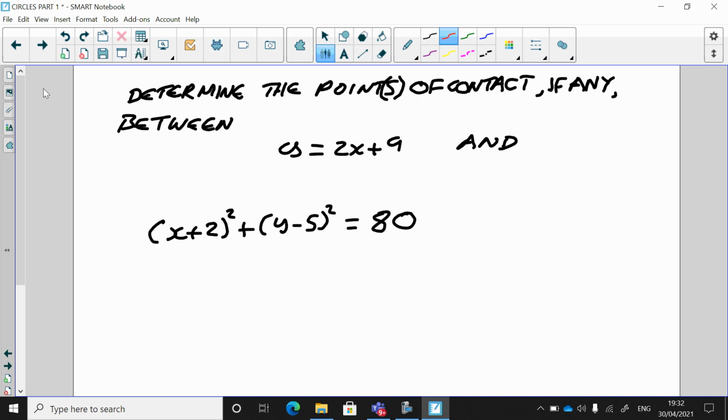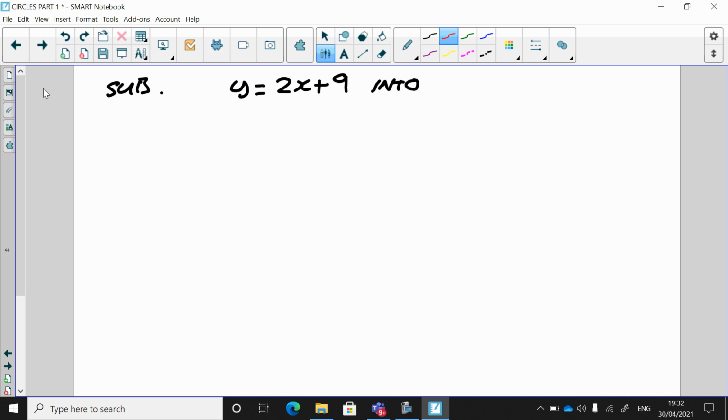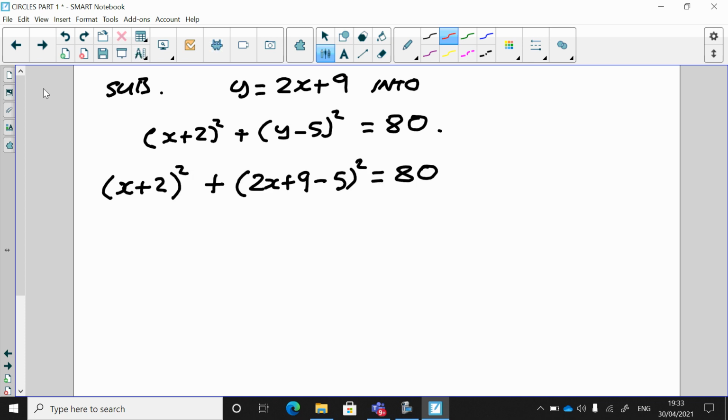So 2x plus 9 into that circle equation. Let's go through the same routine. Take the line equation, 2x plus 9, and substitute it into the circle equation. Get rid of y and put in 2x plus 9. Can you see what I've done there?